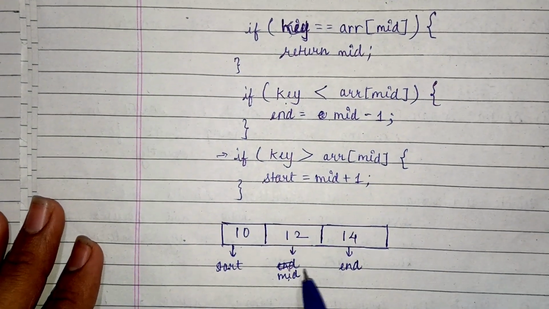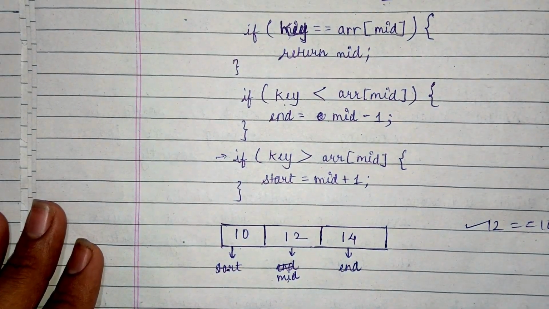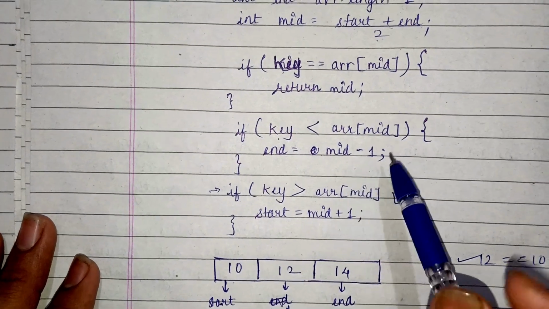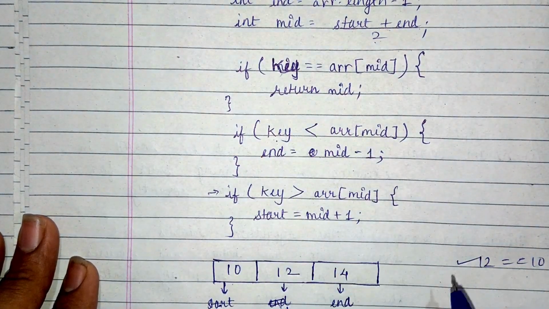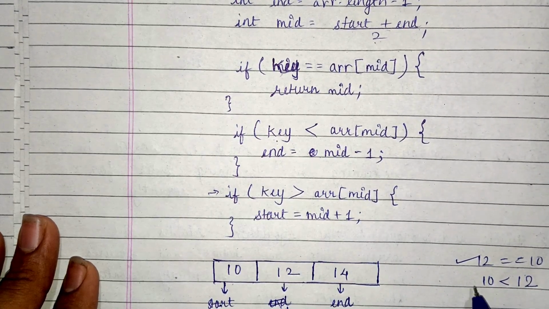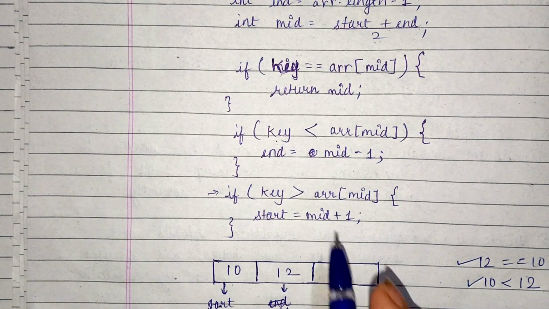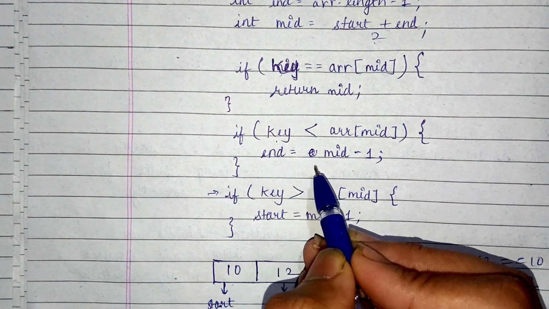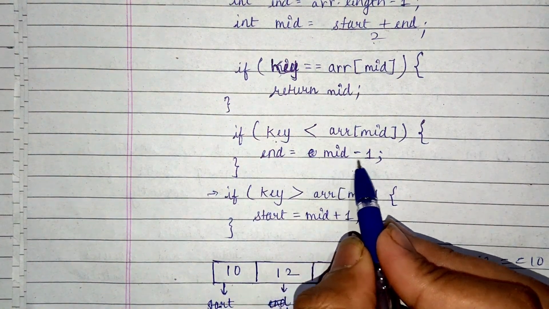No, here 10 is not equal to 12. Now it will check the condition. If key is less than array of mid, yes, the condition will be true, and end value gets updated by mid minus 1.